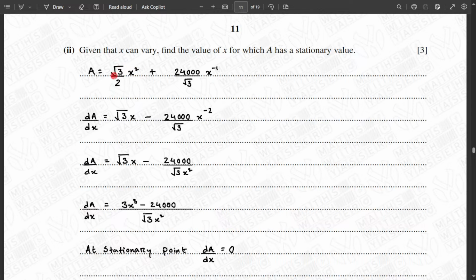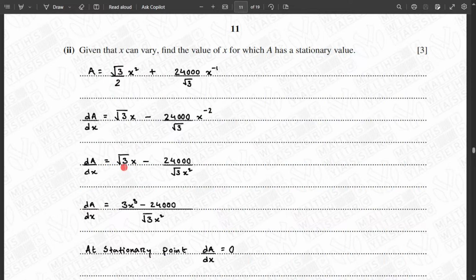if we multiply the power 2 with root 3 by 2, it will become just root 3, and 2 minus 1 is just 1. And 24,000 over root 3, and then we have x to the power minus 1. So if we multiply minus 1 with the 24,000 over root 3, it will give you negative 24,000 over root 3, and minus 1 will give you minus 2.